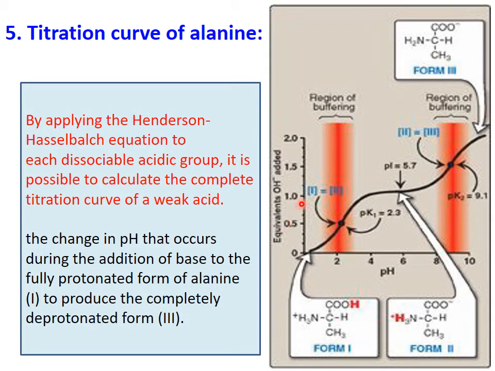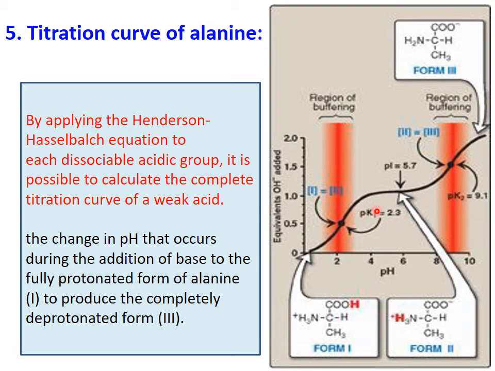You increase the pH, and the different forms you will be able to see. Form 1, form 2, which is the isoelectric point, and form 3. Form 1 is the fully protonated form, form 3 the fully deprotonated form, and in the center, you add the pK values of this graph, which is 9.1, and for the first it is 2.3.